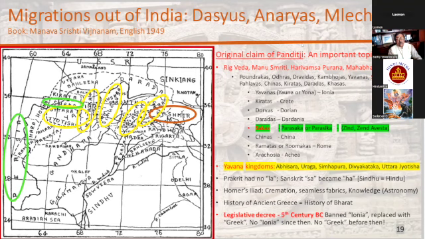The reason they migrated was because they were excommunicated and driven out of India. And the reason they were driven out of India was because these Kshatriya kings had stopped observing Vedic rituals. It does not mean that they became non-believers, but as an administrator, you have to uphold the culture of the region.